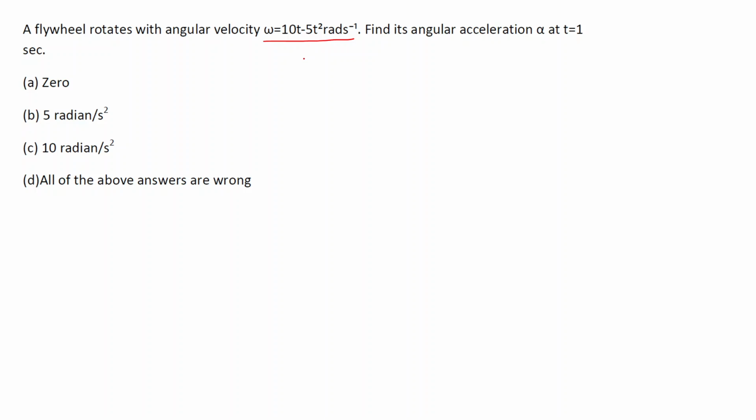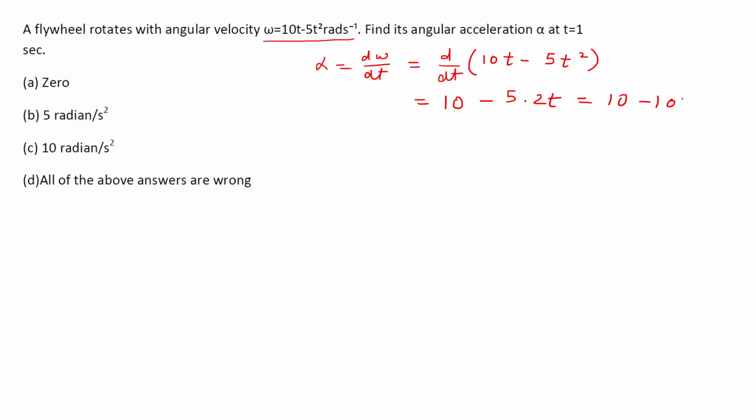So again, using the relation between angular acceleration and angular velocity, since we know alpha is d omega by dt and omega is 10t minus 5t square radian per second, we need to take the time derivative of this. Taking the derivative, the 5t square gives 2t, right? This means 10 minus 10t.